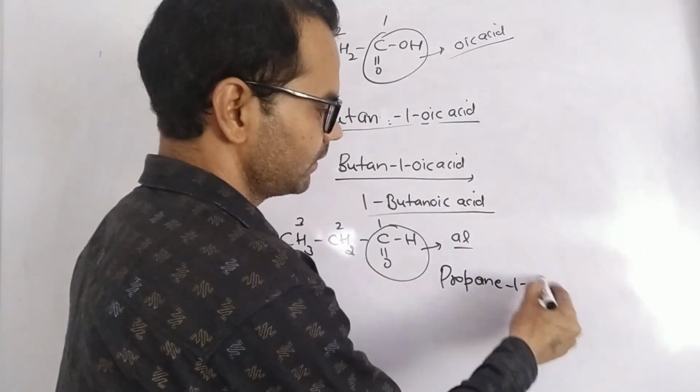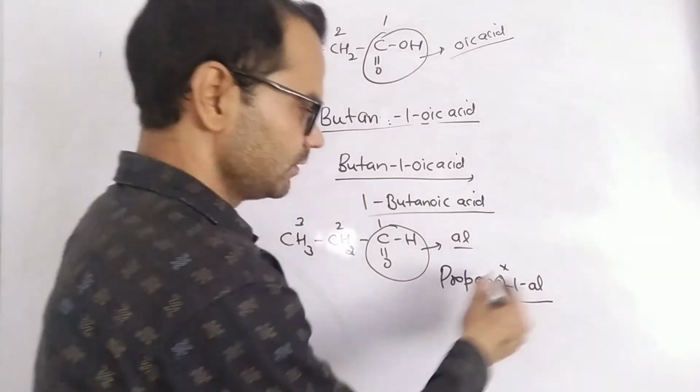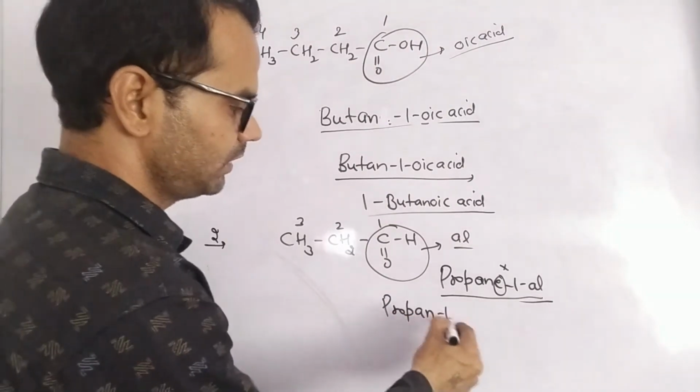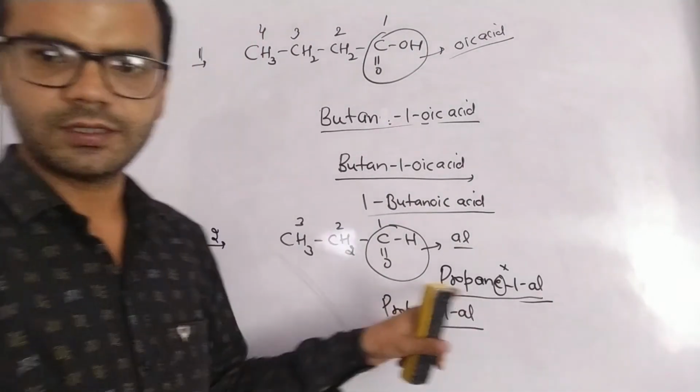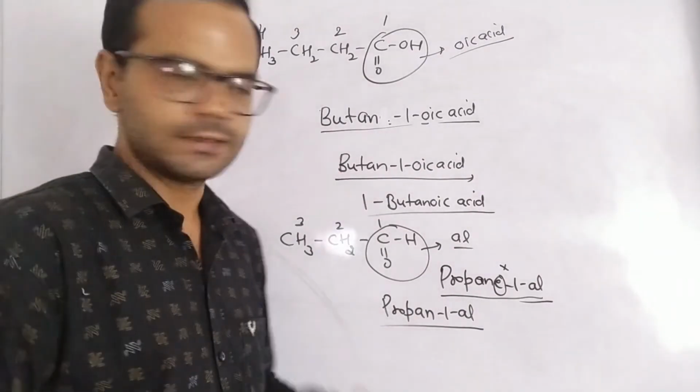Propane 1 al. Again we have to drop this E. So the final name will be propan-1-al. Right? Let's do some more examples.